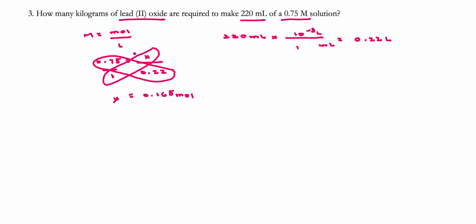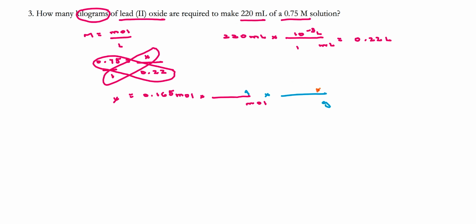Now, I'm not done yet because it asks how many kilograms. Okay, so let's now convert my moles of my solute. I first need to get into grams of my solute. Okay, so I'm going to put grams on top. Then we get out of grams and into kilograms.